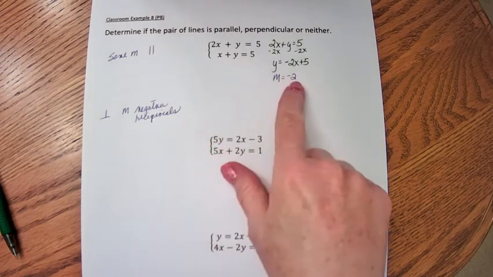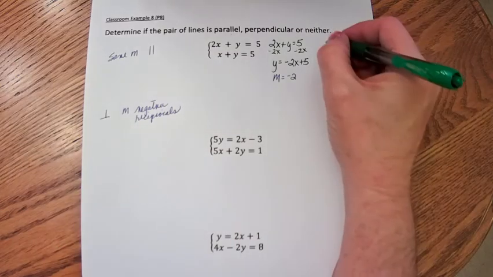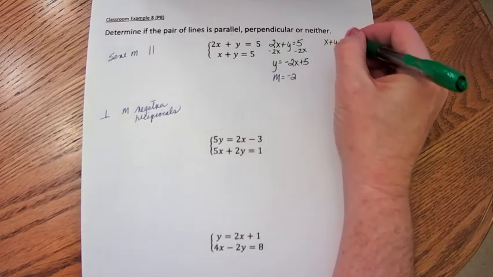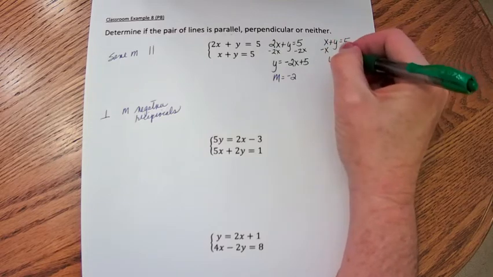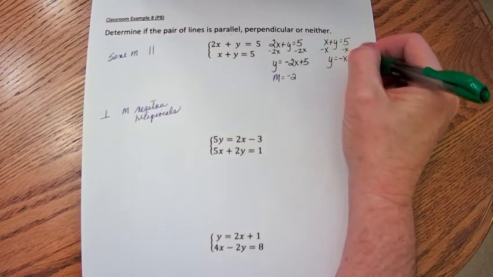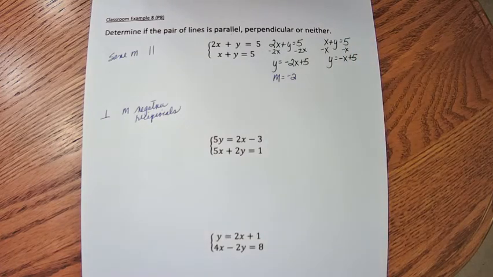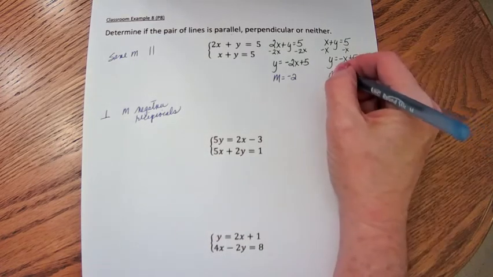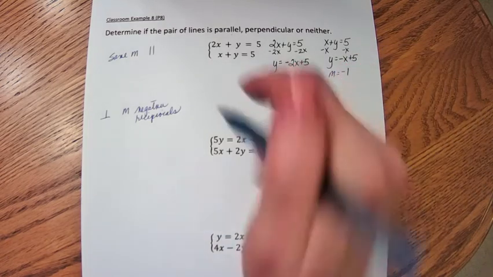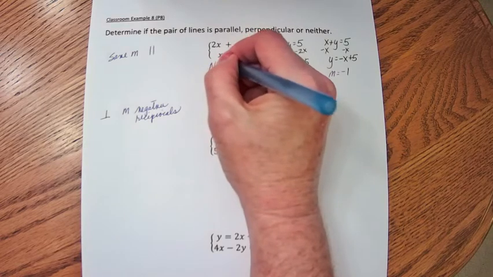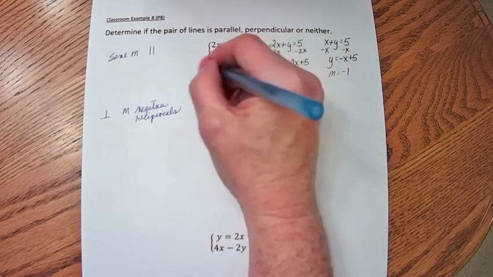If the slope of this line is positive 1/2, they'll be perpendicular. To get this line in slope-intercept form, we have to get the y by itself. So I subtract x from both sides, and the slope of this line is negative 1. So we would say these are neither parallel nor perpendicular.